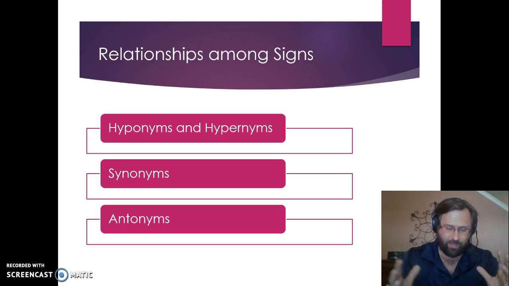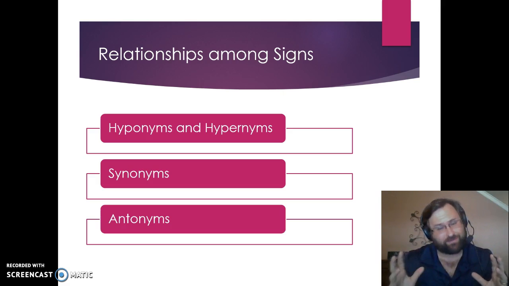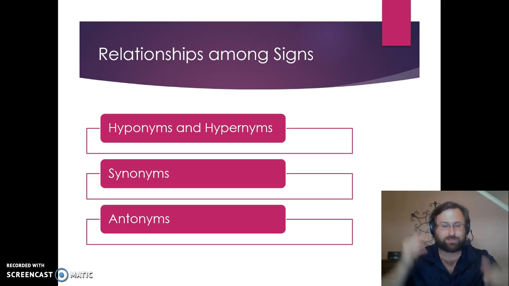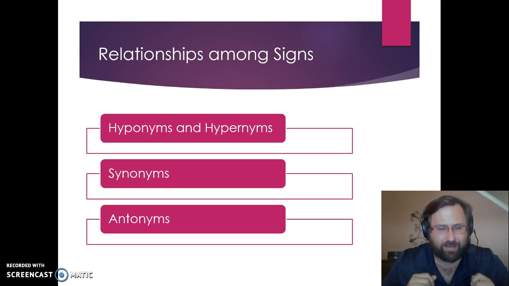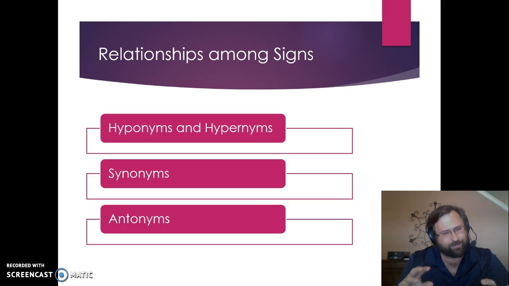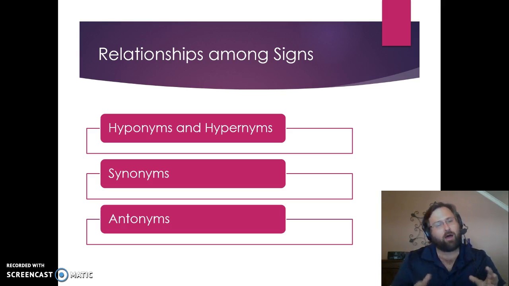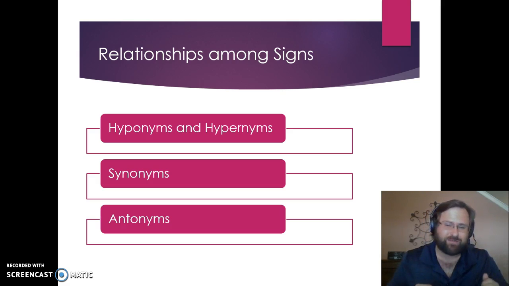It's a hypernym. But within the sign animal, we have different specific examples. We have birds, and dogs, and cows, and things like that. So those are all hyponyms. And we can categorize signs in that way. For example, we have the sign feeling, which is a hypernym with particular hyponyms or specifics being the feeling of love or the feeling of hate or what have you.